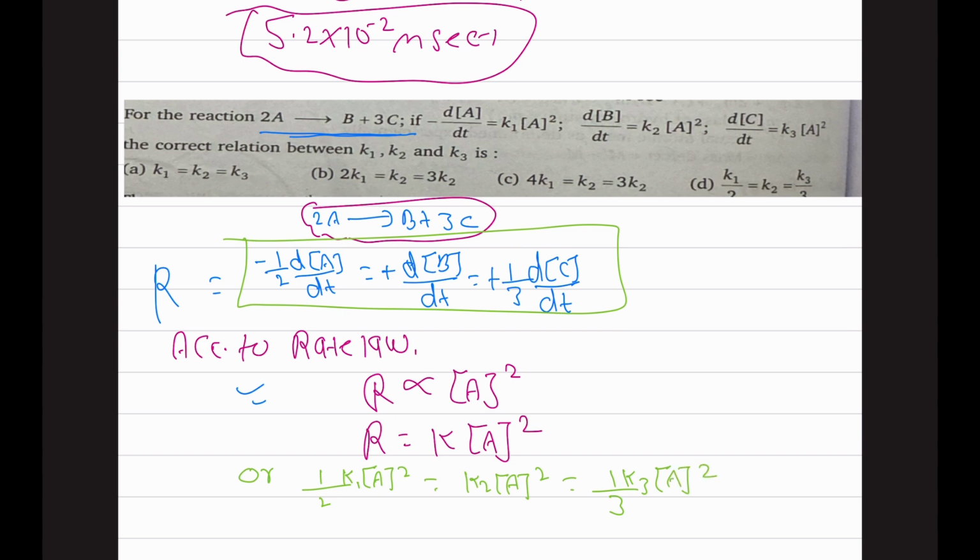Which one is the correct option? Here minus, plus, plus. You can see written k1 by 2 equals k2 equals k3 by 3. So this is the correct option.